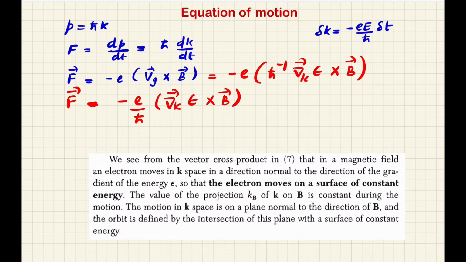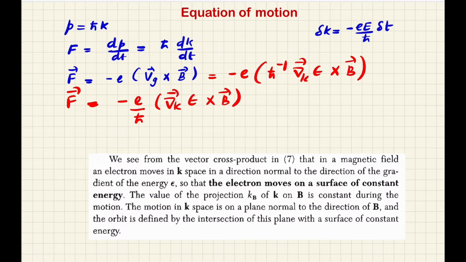So the force acting on the electron you can write as a Lorentz force. The velocity here will be the group velocity of the wave packet, crossed with B, the external field.